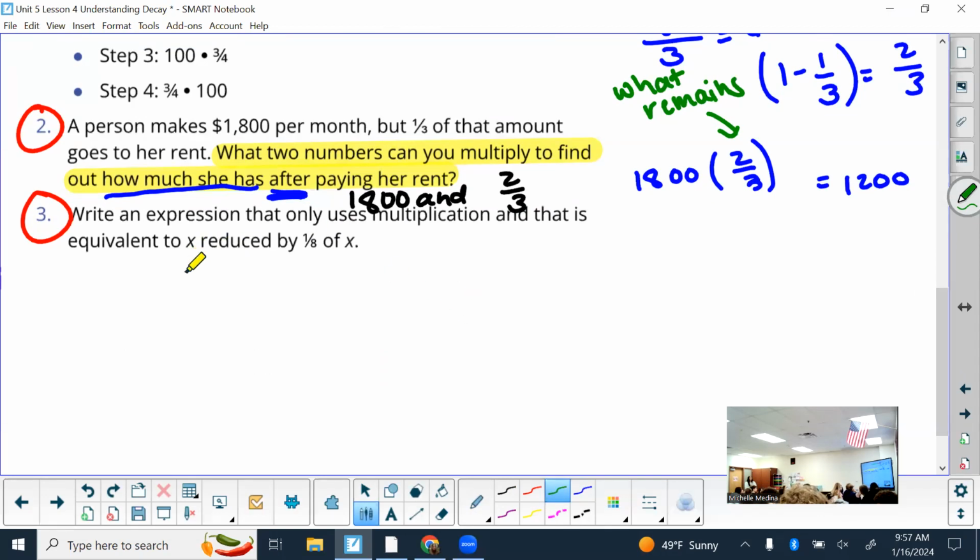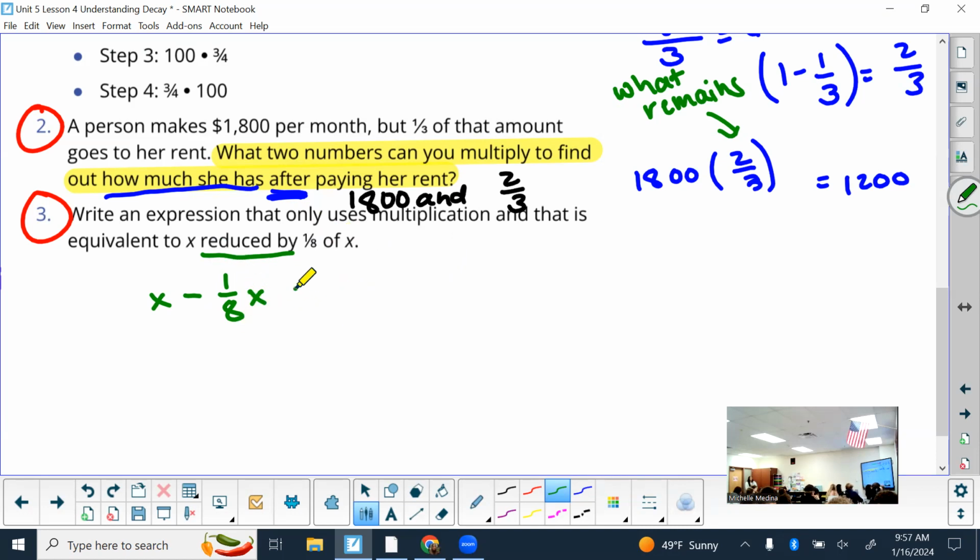Okay, x reduced by, what does that mean in math? Subtracting. 1/8 of x, you would normally have to do 1/8 times whatever x is.